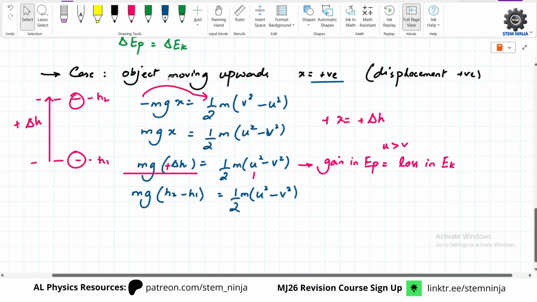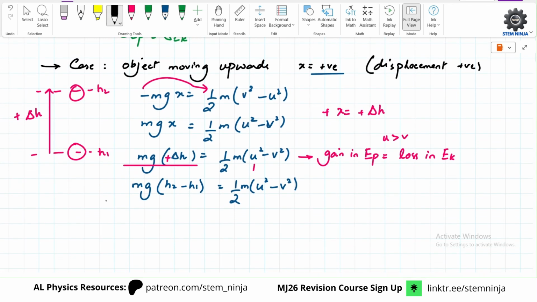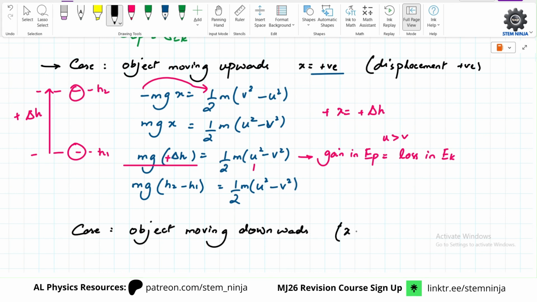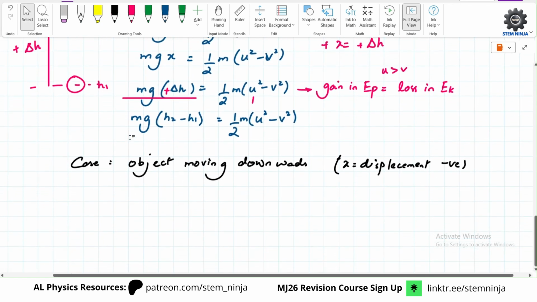What if this was going downwards? Object moving downwards. This time displacement is negative. So we don't have to do anything.